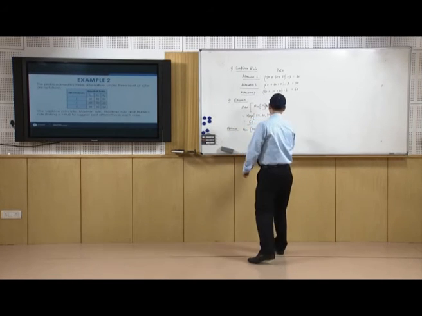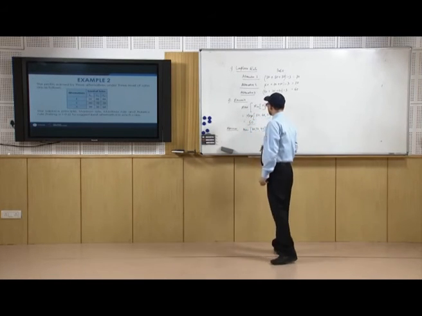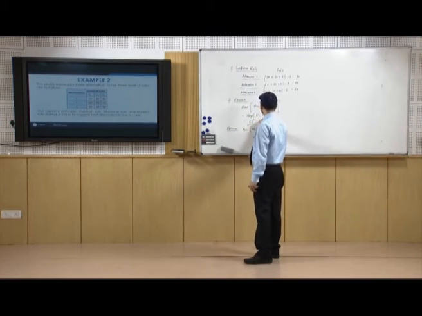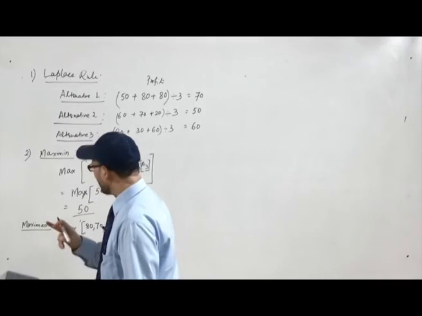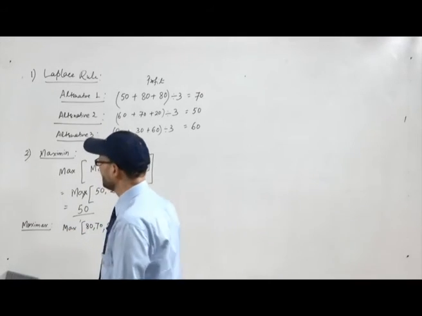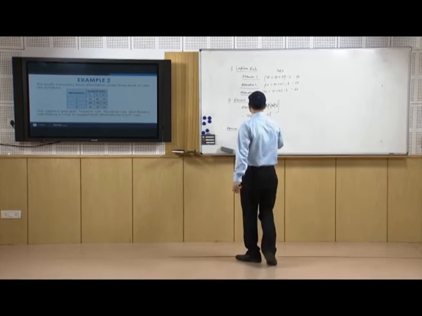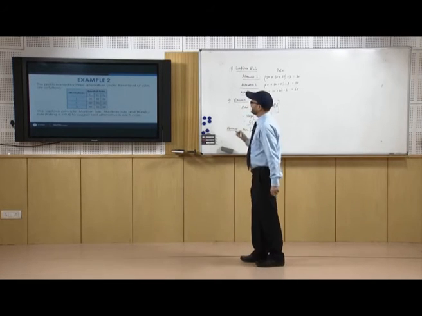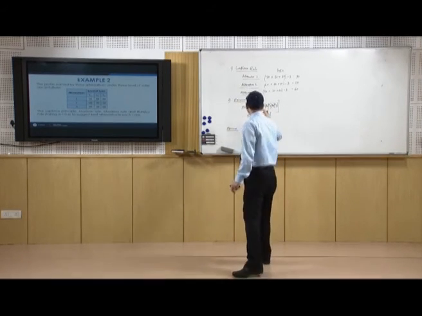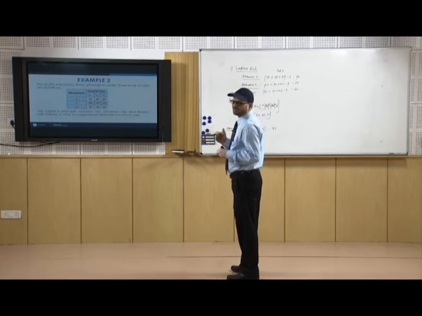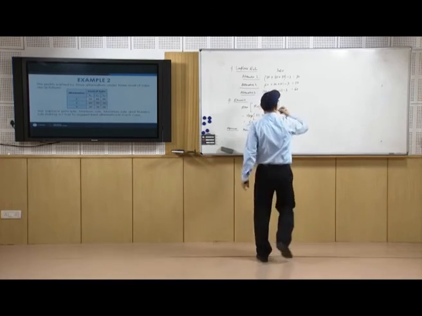So, that will be 90. Based on maximin, you see that alternative 1 is coming into the picture, whereas using maximax, alternative 3 is under consideration. So, this is how maximin and maximax can be used to come to the selection of alternatives which gives you the desired objective.